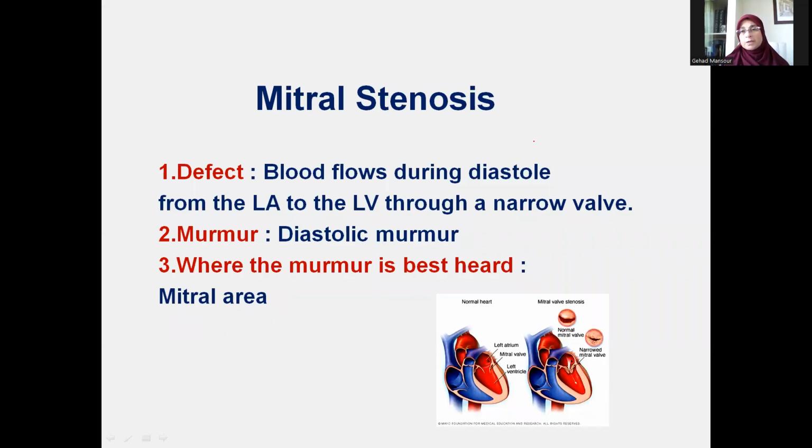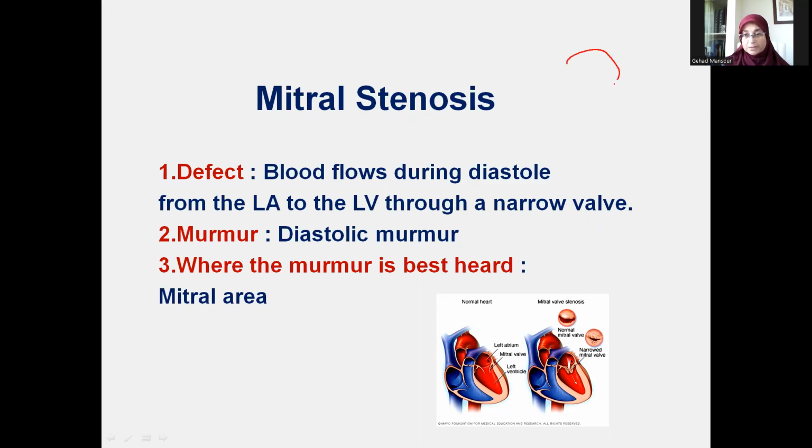Now we're going to study the valvular diseases, and I think we did this last year a bit superficially. We're going to start with mitral stenosis. Mitral stenosis is a condition in which there is stenosis or narrowing of the mitral valve that separates the left atrium from the left ventricle.